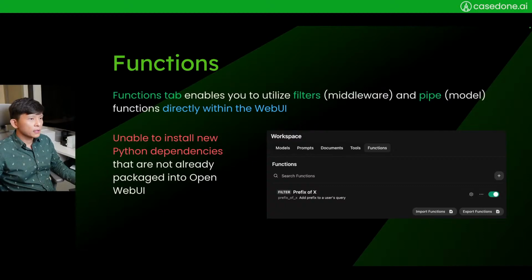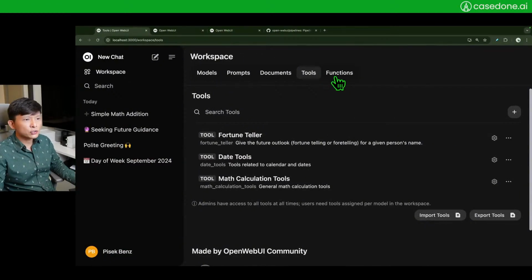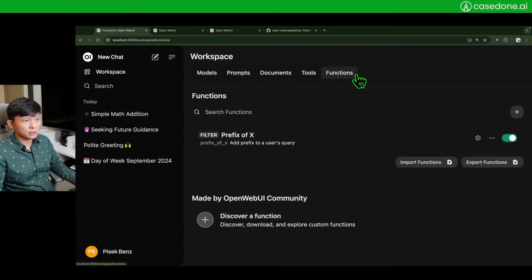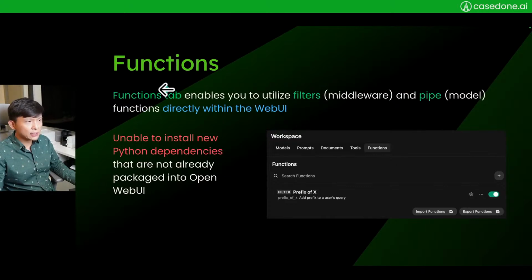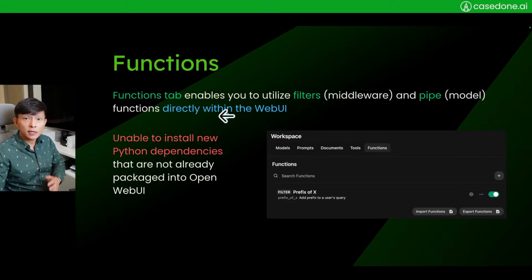Now, a tab actually next to tools is functions. So let's understand what this tab is about. The functions tab enables you to define your filters and pipelines, or pipes, directly within the WebUI interface.